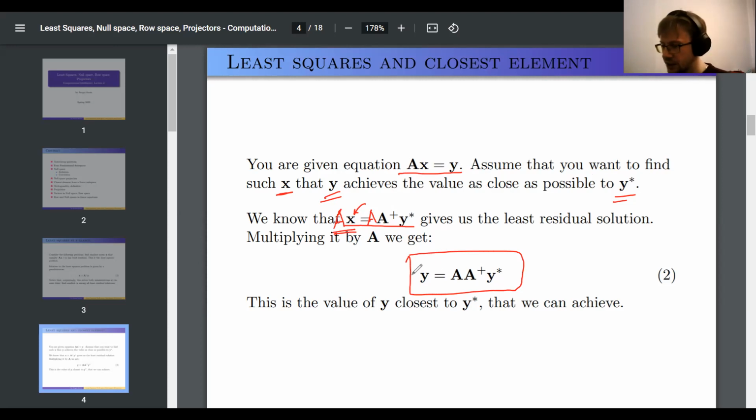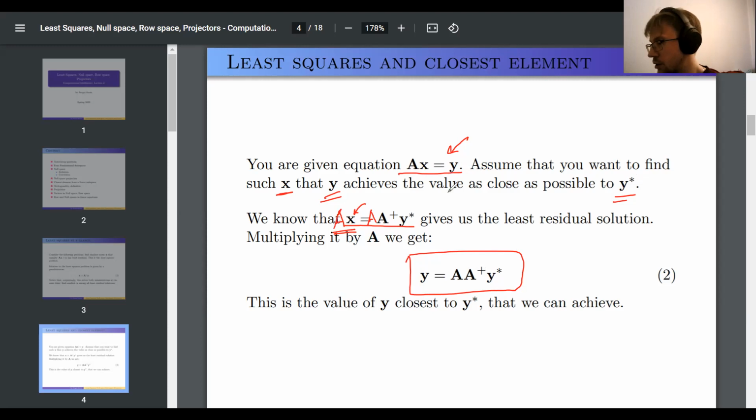So we see this is the y that can be achieved with this equation that is as close to y star as it can be. Maybe it is equal to y star. If this equation has an exact solution for y star, then y would be equal to y star.